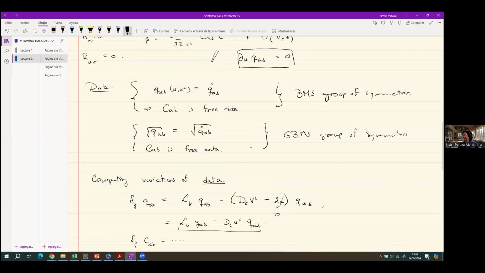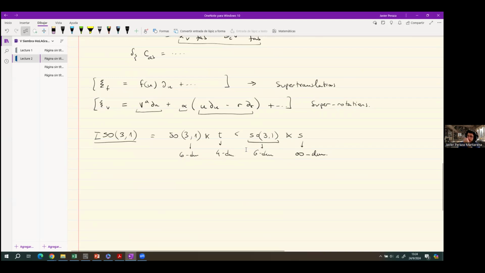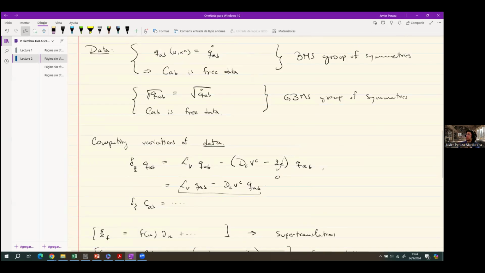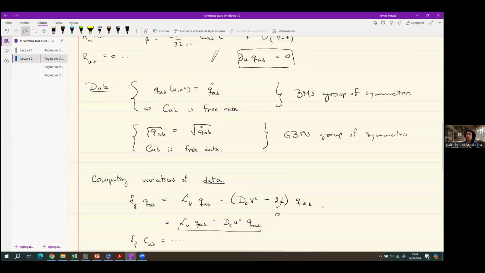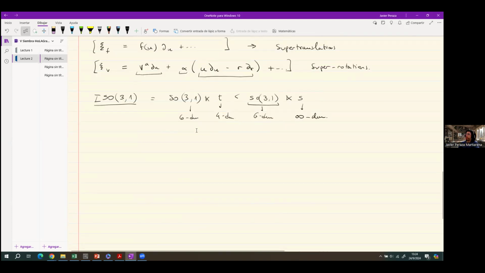So far, we are fixing the round metric at infinity. But what happens if we relax this? We allow now not only the round metric, but any metric, okay? Any metric conformally related to the round metric. This will turn out to be an extension of BMS.